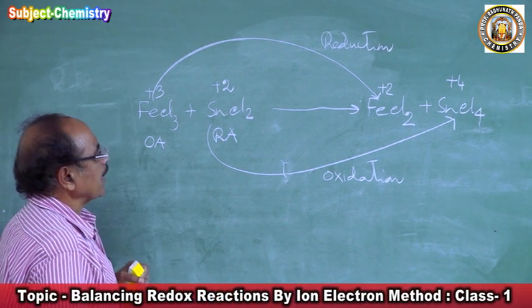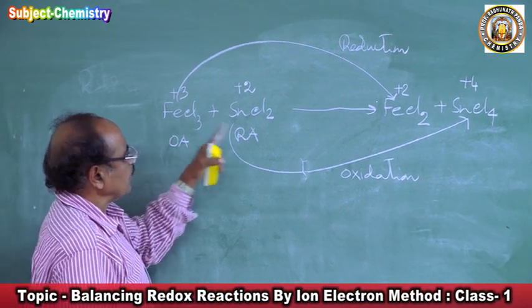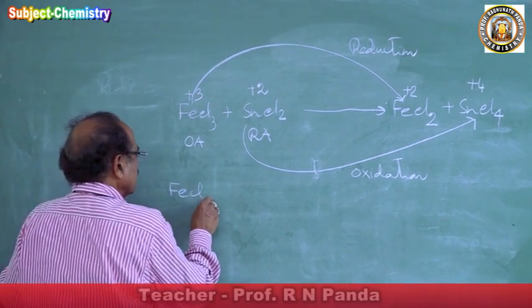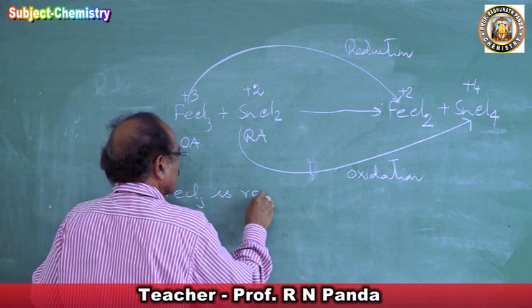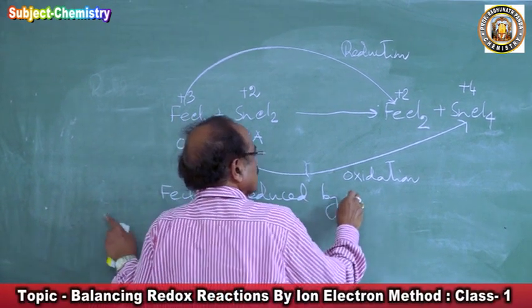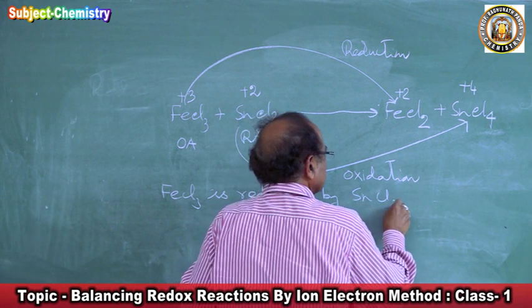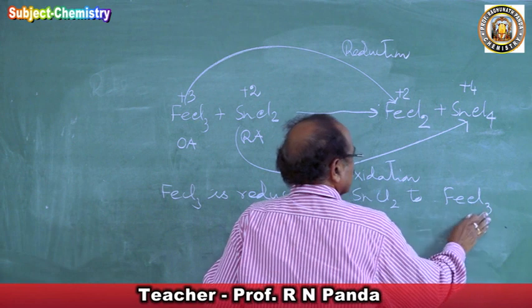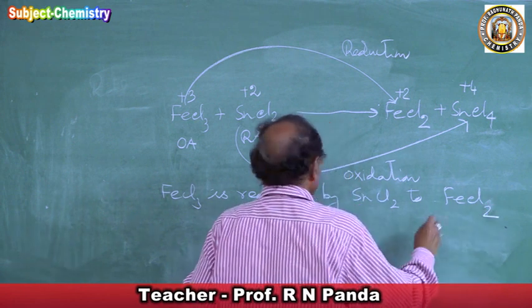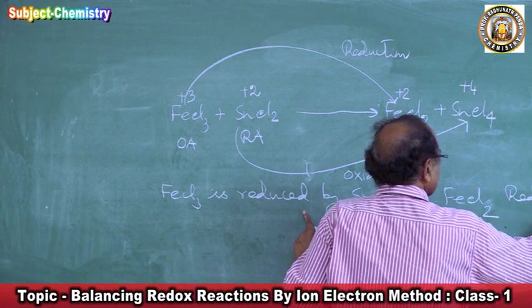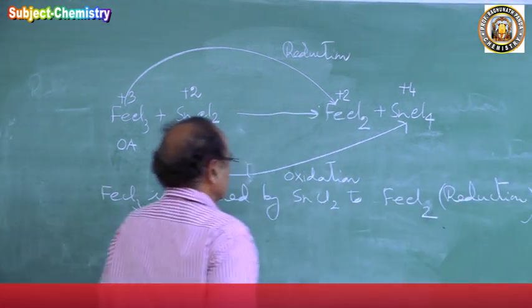So ferric chloride to ferrous chloride. This ferric chloride is reduced by whom? By stannous chloride, to ferrous chloride. So this reaction is a reduction reaction. What reaction is it? It is a reduction reaction.